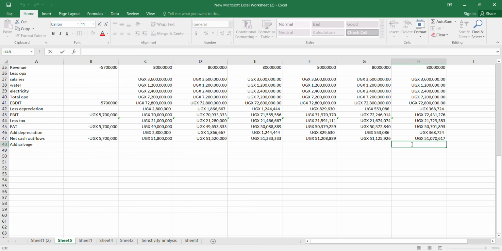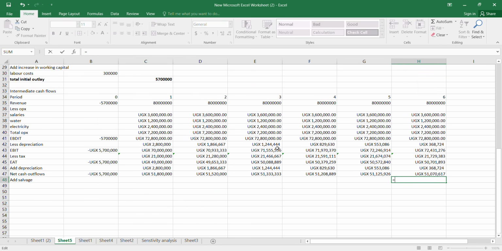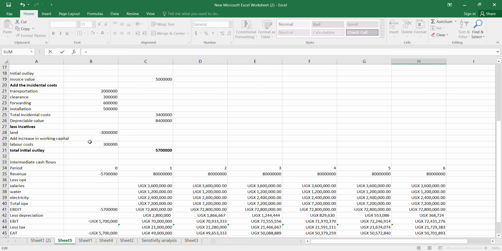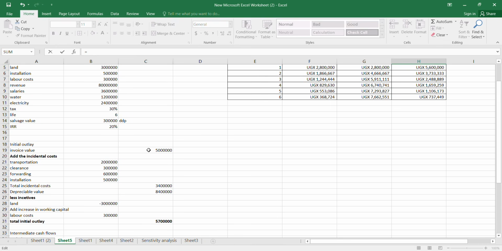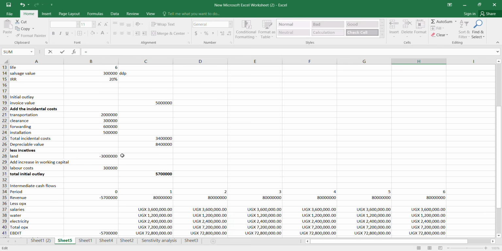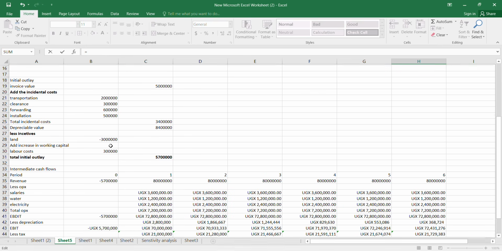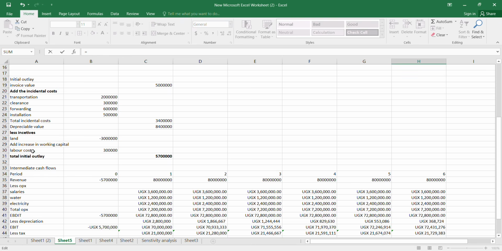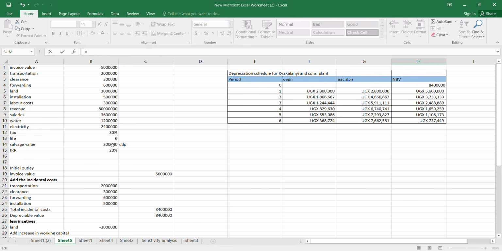So our salvage will equal the salvage value we are having in the question, which is this, then minus, in brackets, the tax bracket times the salvage value itself.